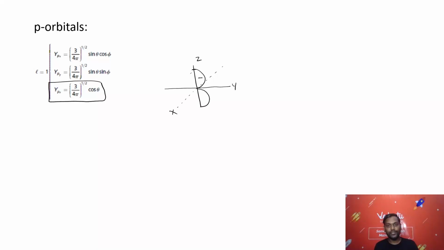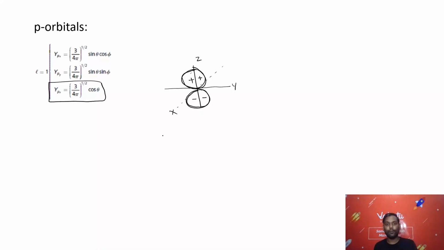This will be positive in the first quadrant, then negative, and again if you increase theta to 3 pi by 2, it will be negative, and then to 2 pi it will be positive, right? So it turns out to be a circular shape. This is a circular shape, this is also a circular shape.